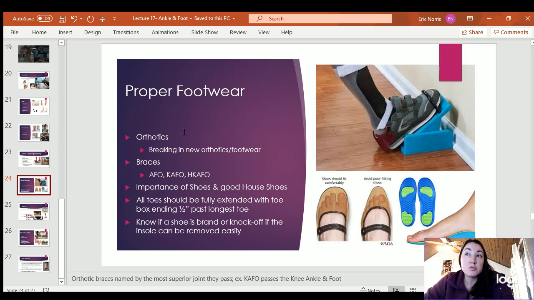but whether it's a custom made or a shelf orthotic, and whether it's even a new pair of shoes, you need to make sure you break into them. So if they got a new orthotic and they went to work and stood for an 8-hour day in a brand new orthotic, they're going to be super sore. So we recommend doing 1 to 2 hours the first few days. After about 3 days, they can increase it to 3 or 4 hours, and then they need to be in it frequently for a week or more before they try a full 8-hour day.